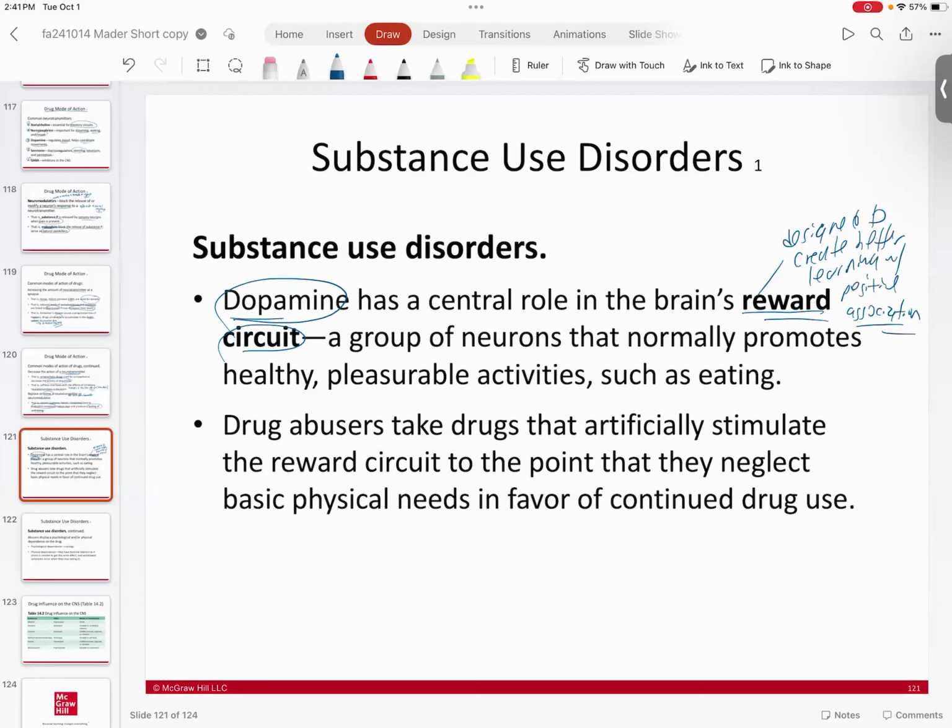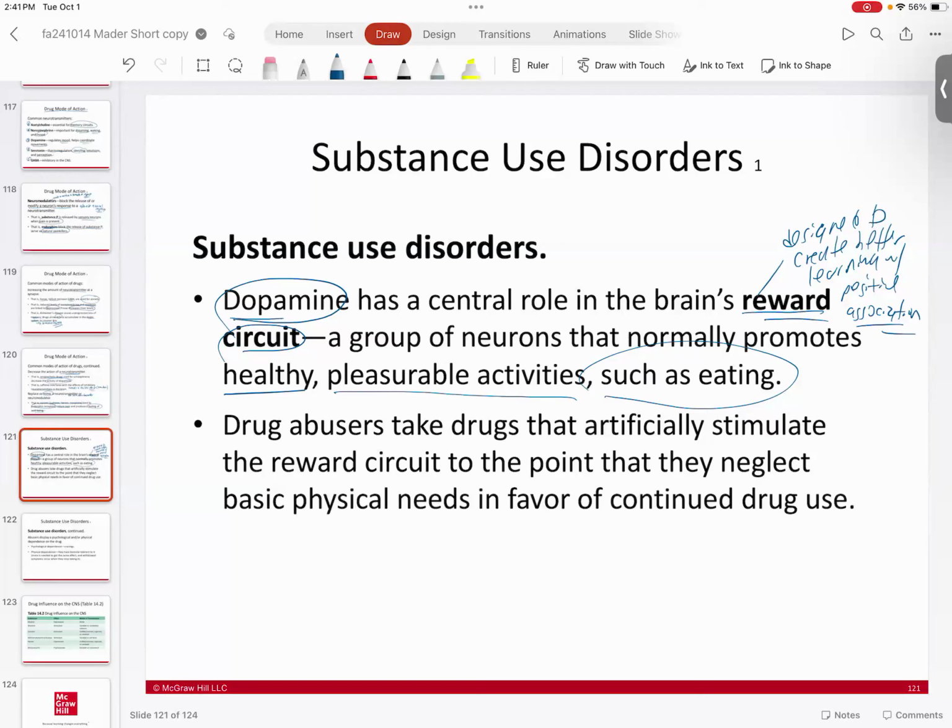That's why it's there, right? So if you learn something, you're rewarded for it, and then ultimately that stimulates better learning, right? So for instance, there are groups of neurons that promote healthy, pleasurable activities, things you enjoy doing, such as eating. Eating is a good thing because it keeps you alive. Instinctually, your body rewards you. It makes you feel good when you eat because you need nutrients and energy.